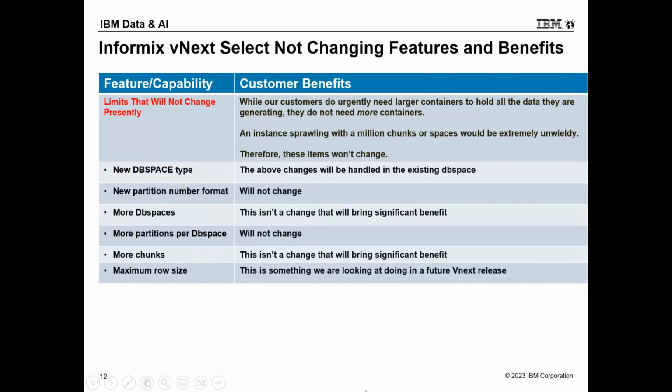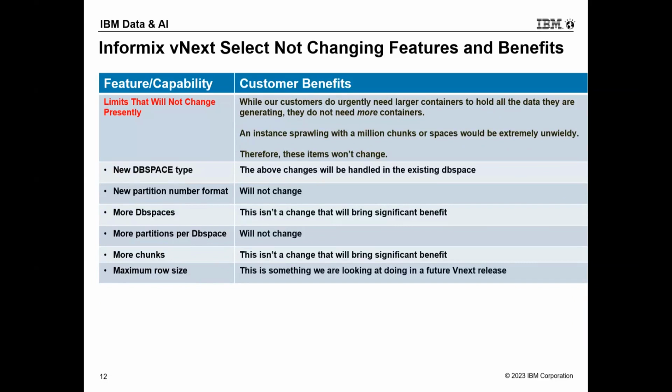Some limits that won't change, at least not presently, not contemplated. So there's not going to be a new DB space type right away. The changes that we're talking about doing will be handled in the existing DB space formats. New partition number format will not change. More DB spaces, we're not going to do that right now.